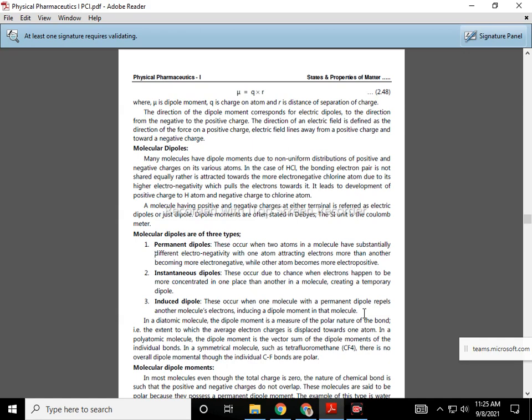So what is happening with the polar molecule then? Listen, the negative region of a non-polar molecule will get aligned with the positive region of the polar molecule, like water.